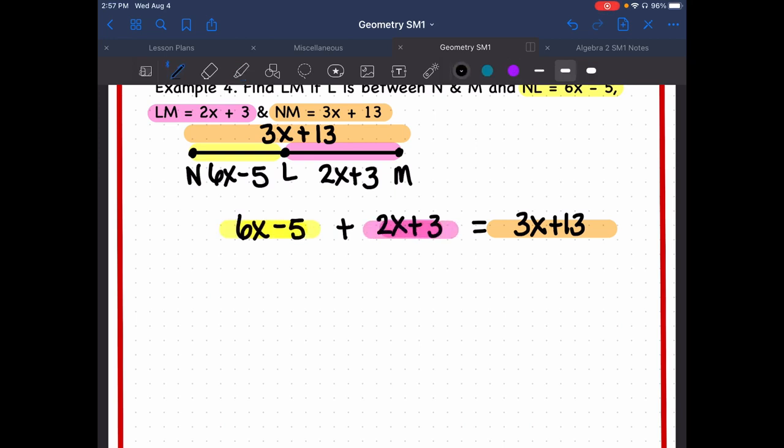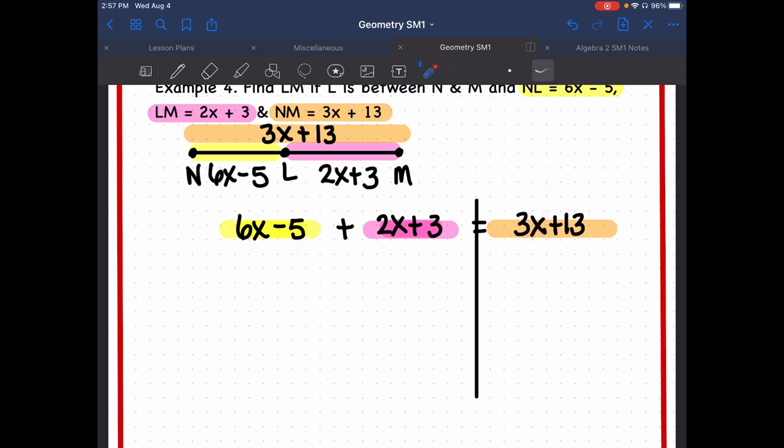Okay, let's go ahead and combine our like terms. So remember, you're looking at each side and you want to count how many terms there are. So the left side has 1, 2, 3, 4. There are like terms on that side. The right side has 1, 2. More than likely, they are not like terms. And take a look at them. The 3 has an X. The 13 does not.